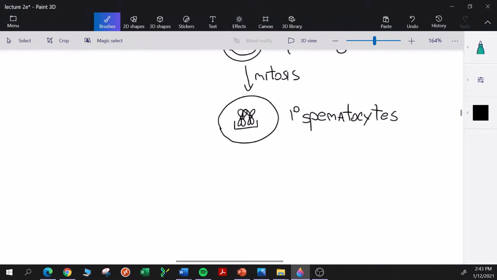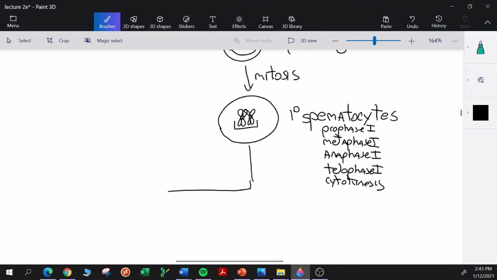The primary spermatocyte will undergo prophase 1, metaphase 1, anaphase 1, and telophase 1, and then cytokinesis.